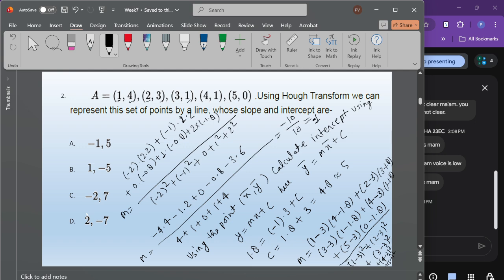So what we have got is minus 1 and 5. So option A is the correct answer for this question. The slope we have got is minus 1, that is here, and the intercept is 5, this one.